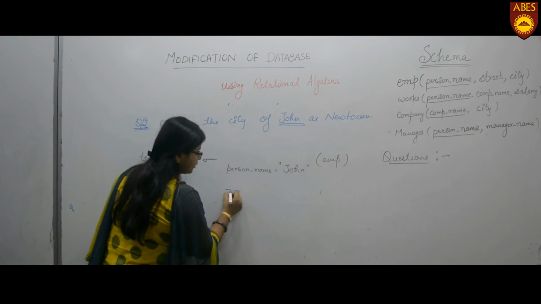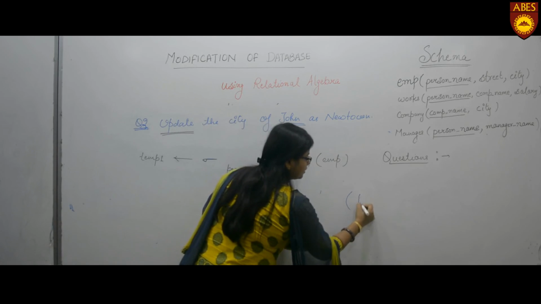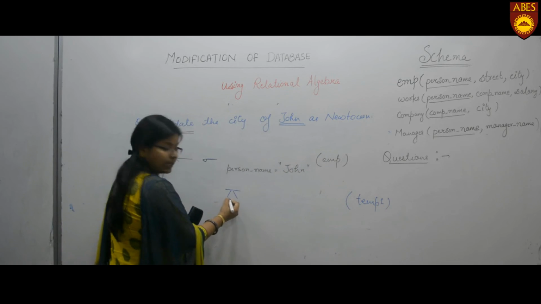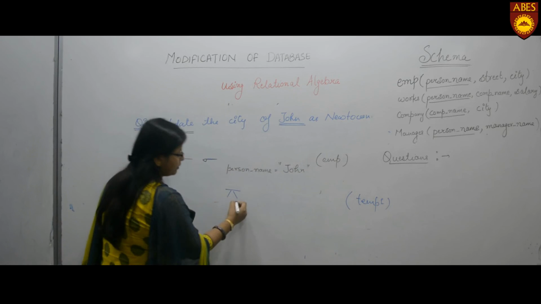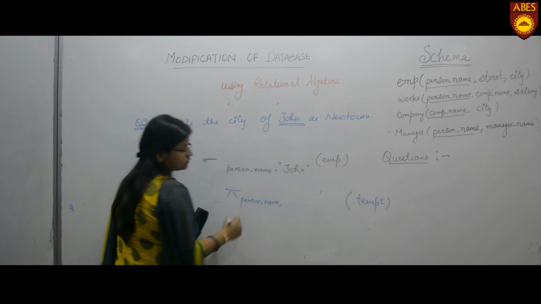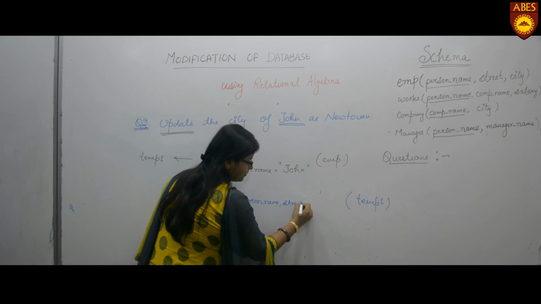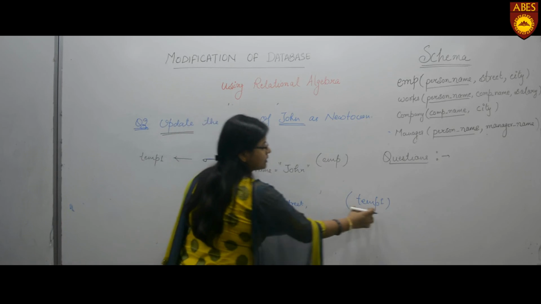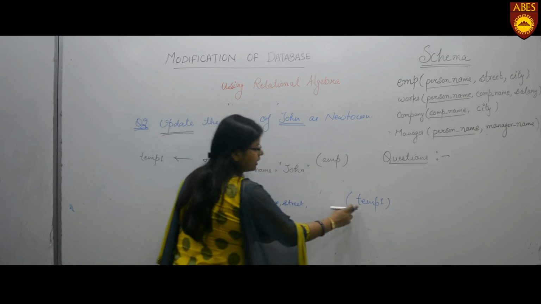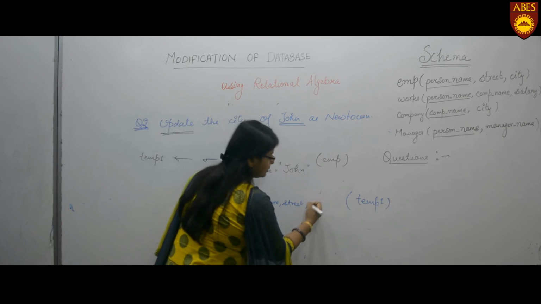For projecting the attributes, we will use the pi operator. Now from temp1, I will be projecting attributes. The first attribute will be person name, then street, because this will remain the same. But for the third attribute, because temp1 is a collection of the tuples where the person name is John, I need to update the city as Newtown.